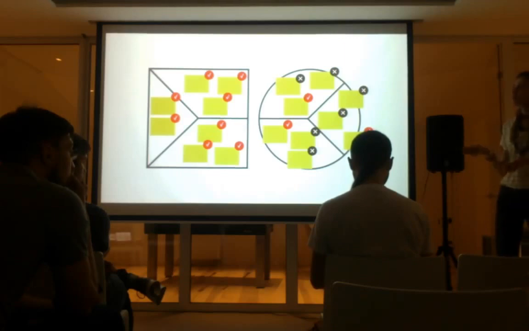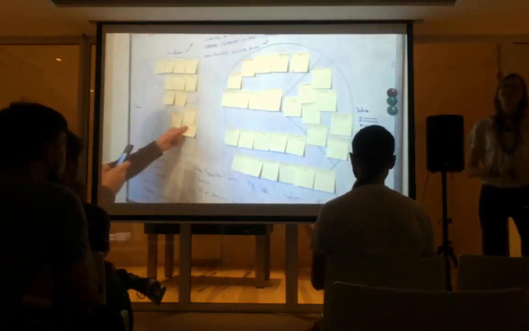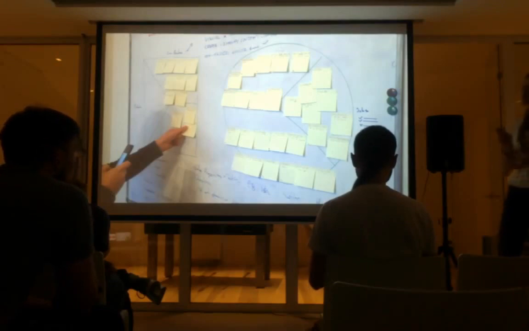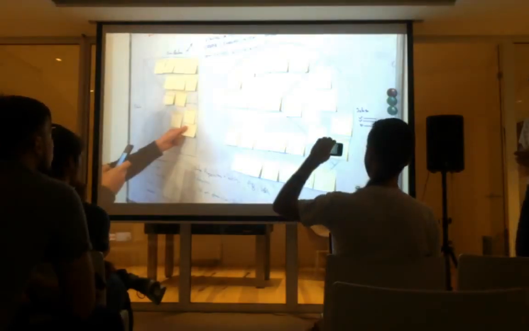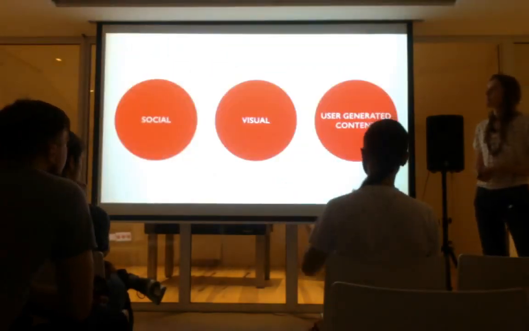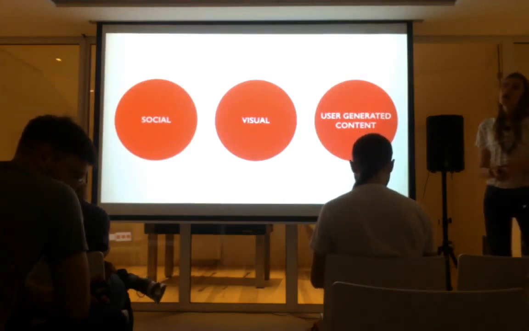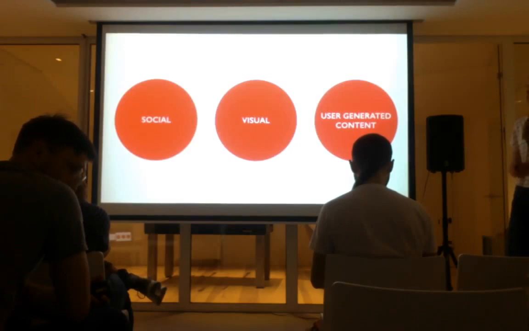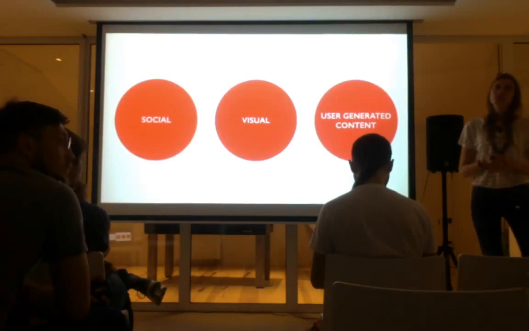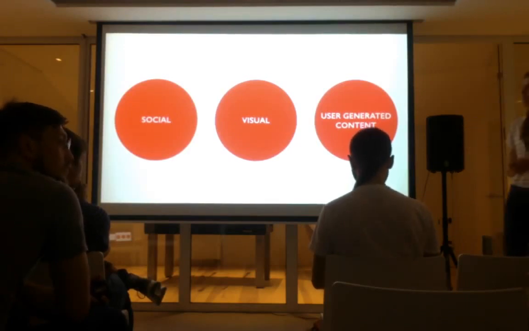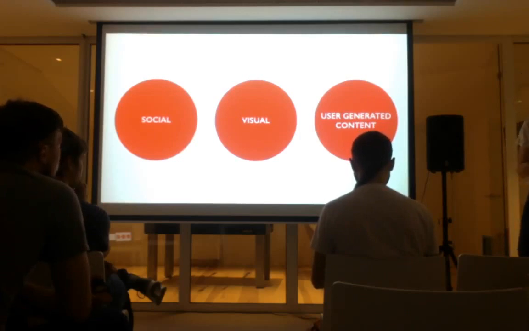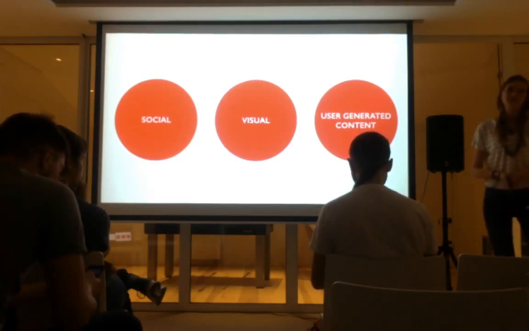So after doing this exercise ourselves, it was fun. If you struggle with the product, you should try it. We realized the things that we need to include in the new product that we are going to build. It has to be social, it has to be visual, and it has to have user-generated content.